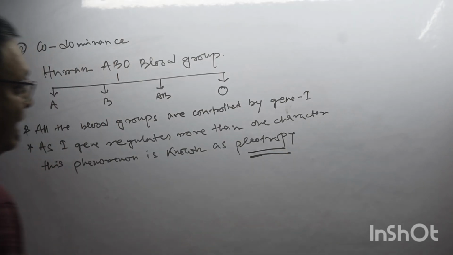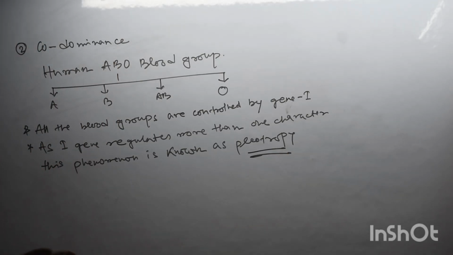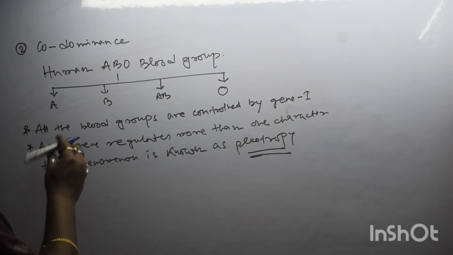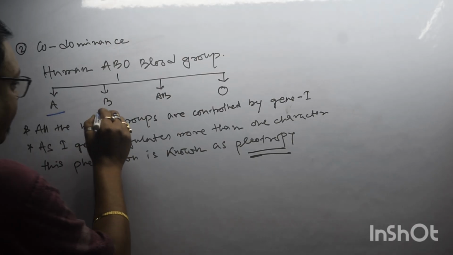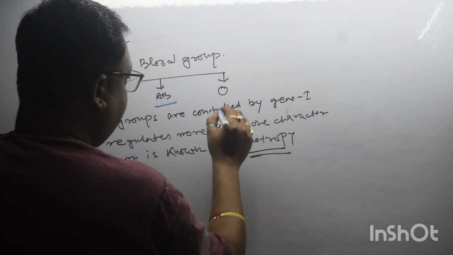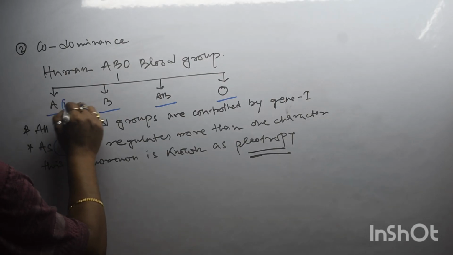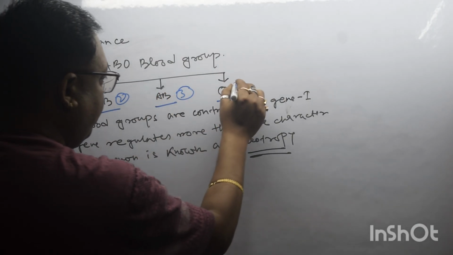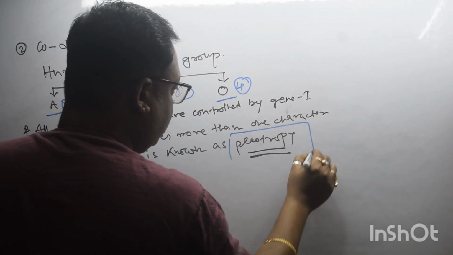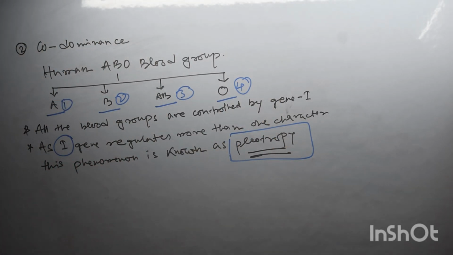Pleiotropy is when a gene regulates more than one character. In case of blood groups, the I gene regulates the characters blood group A, blood group B, blood group AB, and blood group O. So the I gene is regulating 1, 2, 3, 4 characters. This phenomenon is known as pleiotropy. Now we should go for blood groups.